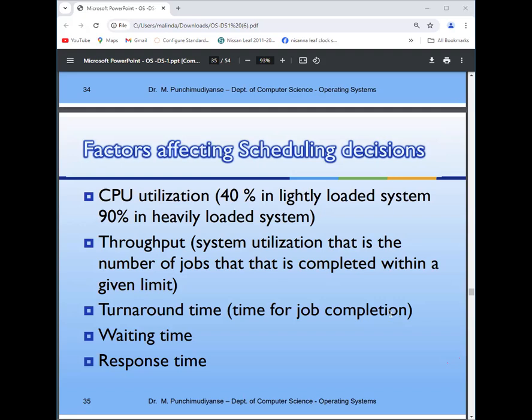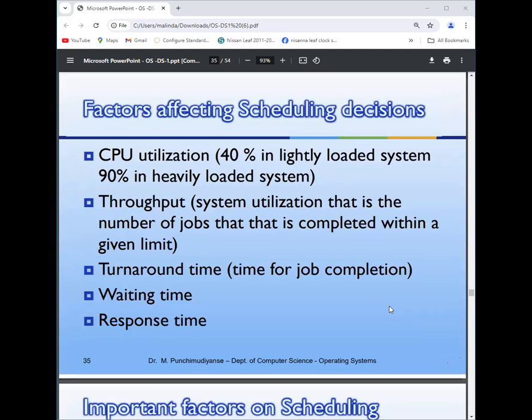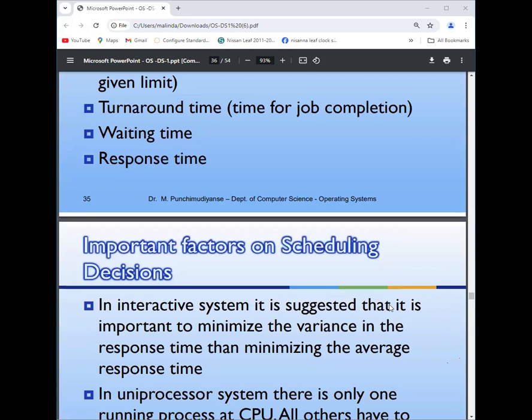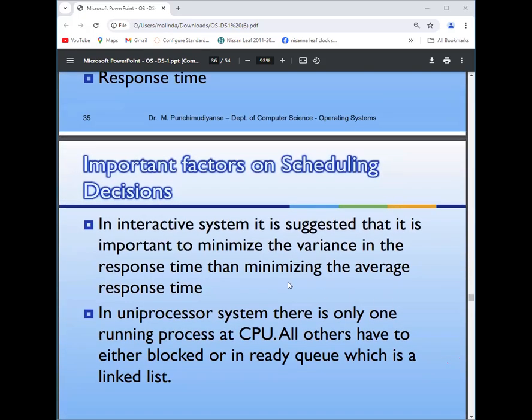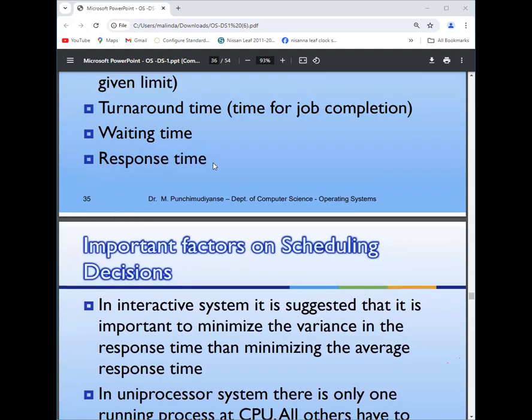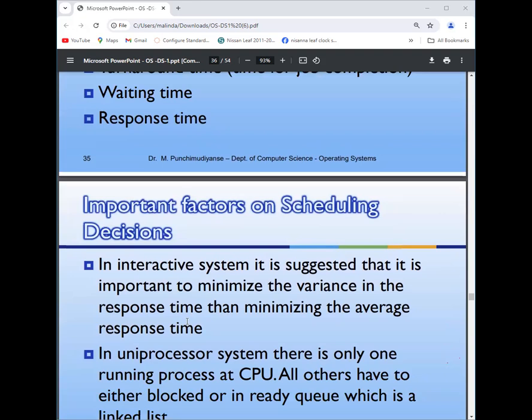So now, these are a lot of theory that we have learned, and these are the two different factors. In an interactive system, it is suggested that it is more important to minimize the variance in the response time than to minimize the average response time. That means if a job goes to the queue and you know that within 5 seconds you get CPU time, then you are happy, right? So that initial response time has to be minimized.